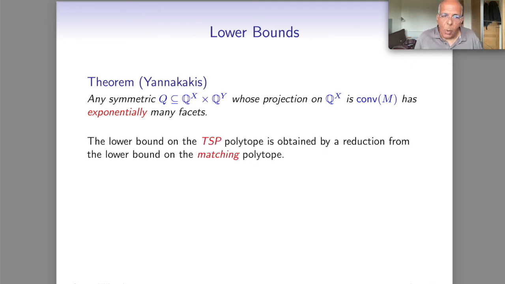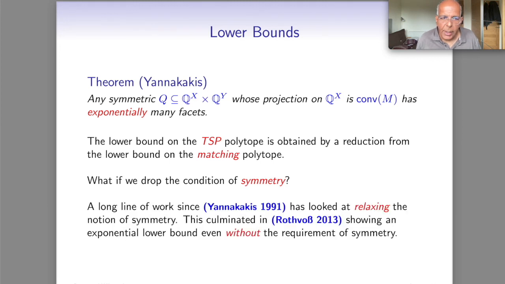So as I said, the lower bound on the traveling salesman polytope is obtained by a reduction from the lower bound on the matching polytope. What happens if we drop the condition of symmetry? Well, there's been a long line of work since Yannakakis' original paper looking at relaxing this notion of symmetry, which culminated in the result by Rothvoss, who shows an exponential lower bound for both the matching and the TSP polytopes, even without the requirement of symmetry.